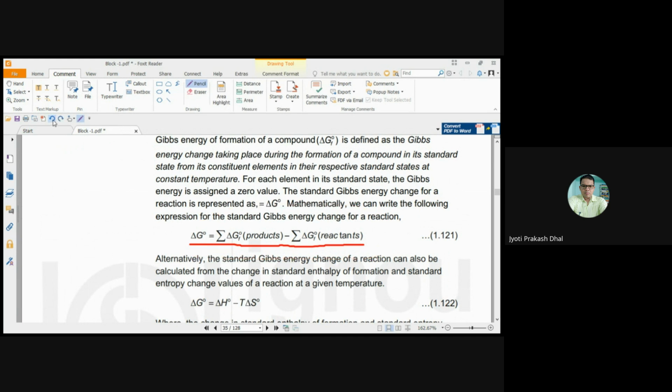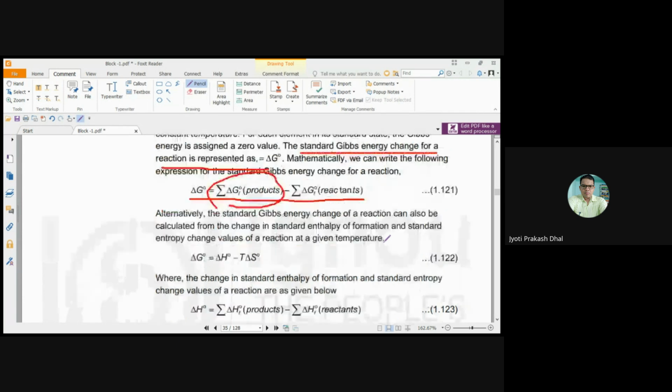That means the standard Gibbs energy change for a reaction equals the total summation of Gibbs energy of formation of the products minus Gibbs energy of formation of the reactants. So that will give the total Gibbs energy change of the reaction.